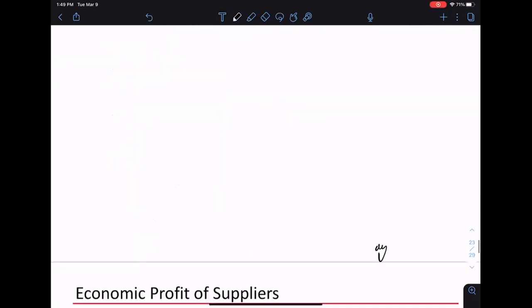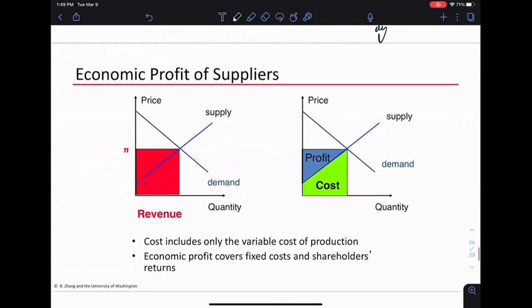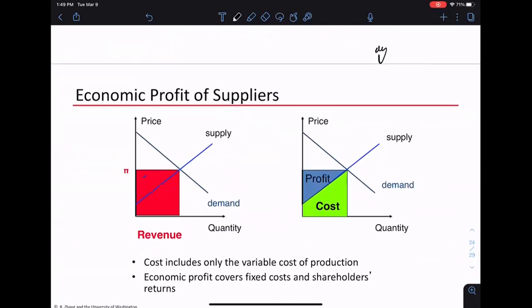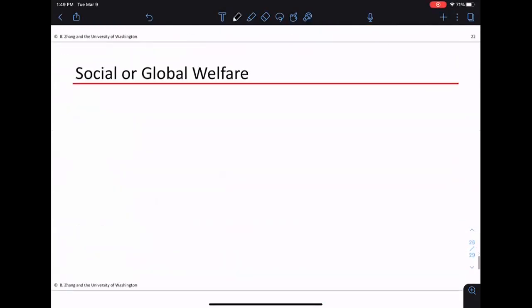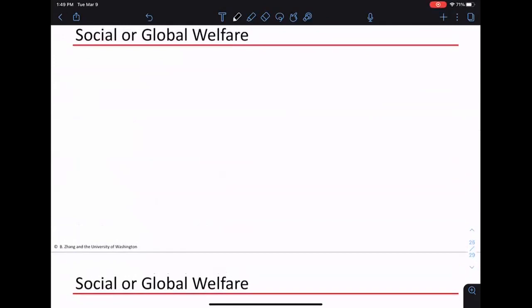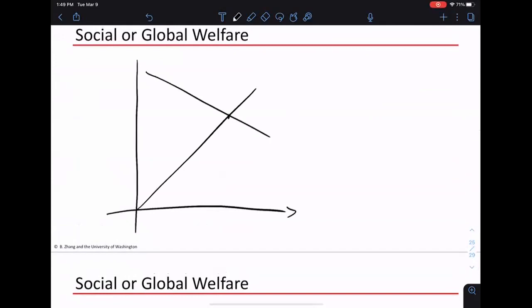If you look at both together, then what we figure out is that both supply and demand make some surplus. So your social or global welfare basically comes from this region.